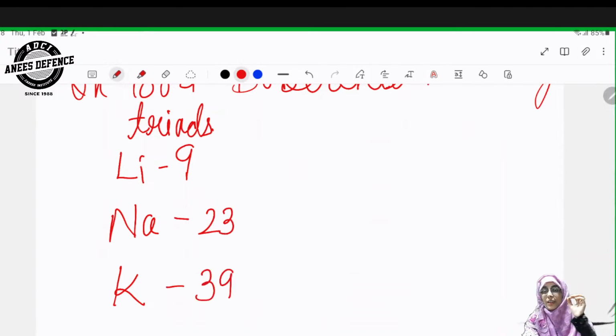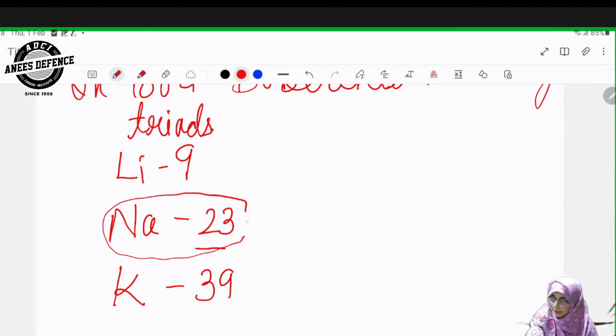So he made a group of 3 elements in which this is the middle one. The atomic weight of the middle one is equal to the arithmetic mean of the first and third. Let's calculate this.